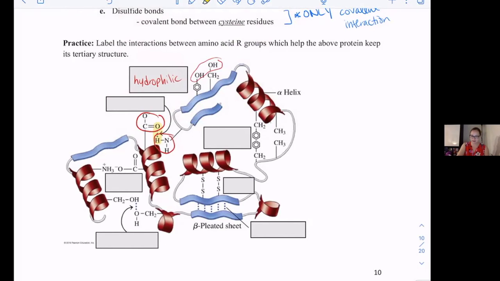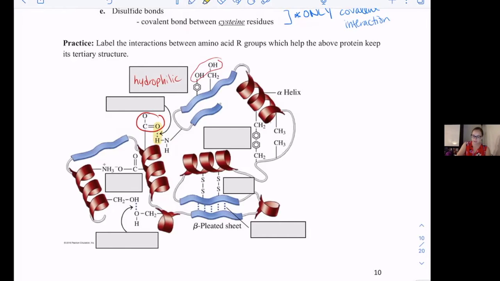I'm sorry, this is not the charged amino acids, right? This is just the backbone. So we're showing the amine backbone of the protein. So this is just the backbone, so it's not going to be a salt bridge, my bad.